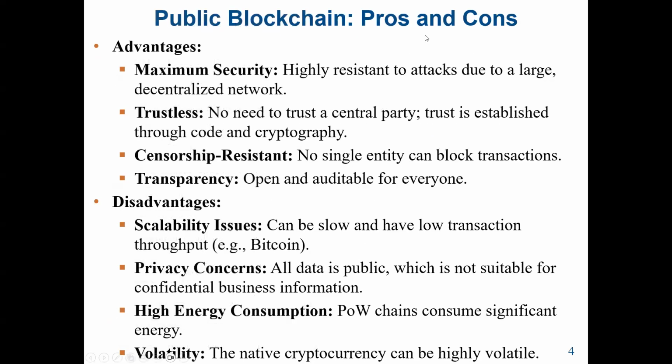So what are the pros and cons of public blockchain? We have some advantages and disadvantages here. One of the advantages is maximum security. Highly resistant to attacks due to the decentralized and large network system.